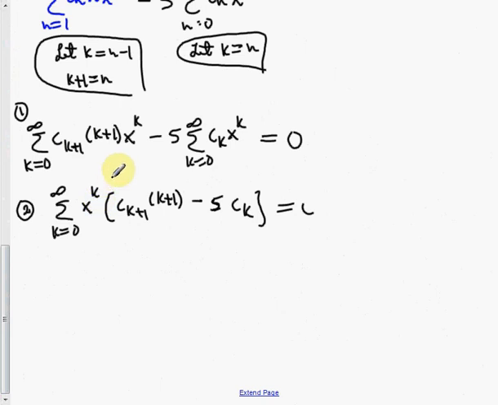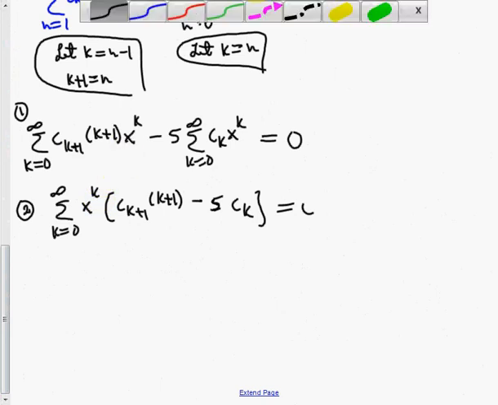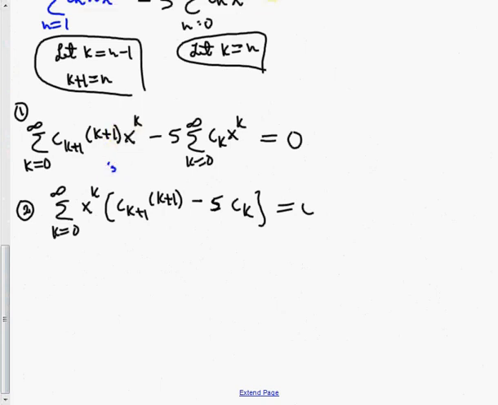Let me pinpoint this. And then step 4, I wrote all this as one summation, so I did those 2 steps the same. This is a 0. Steps 2 and 3, excuse me.